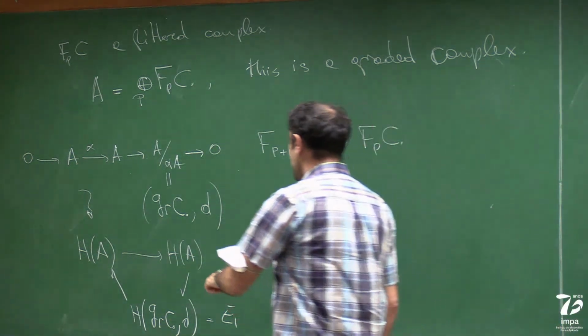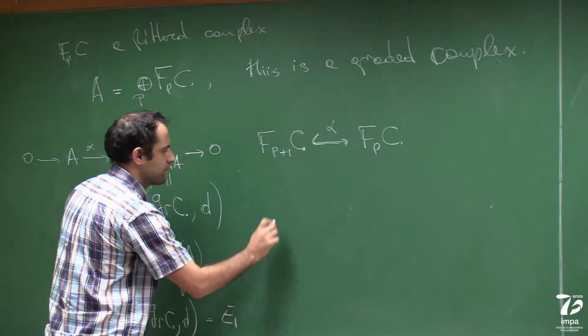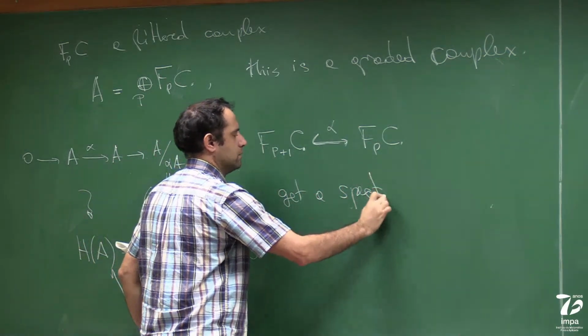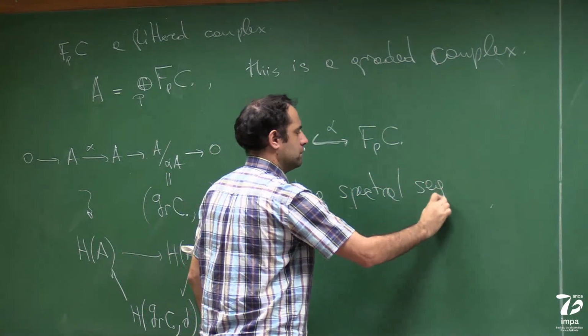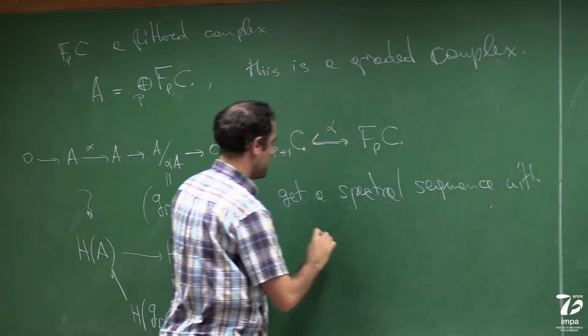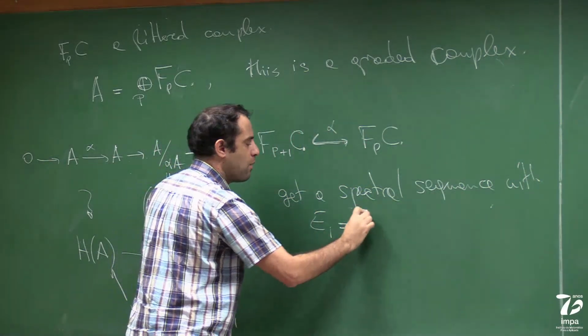Notice that we get a spectral sequence with E1 already being a homology of a complex.